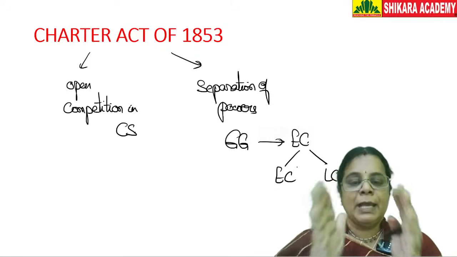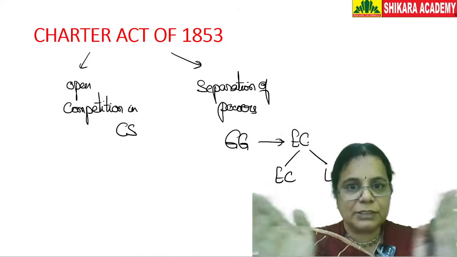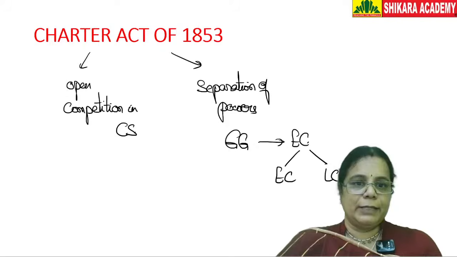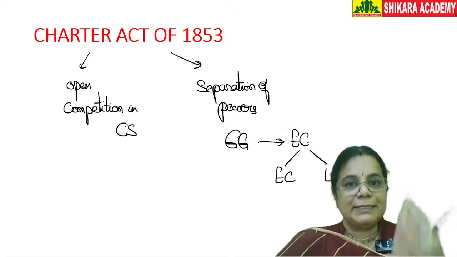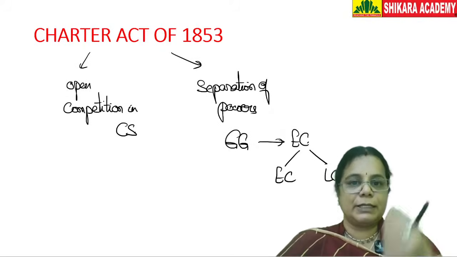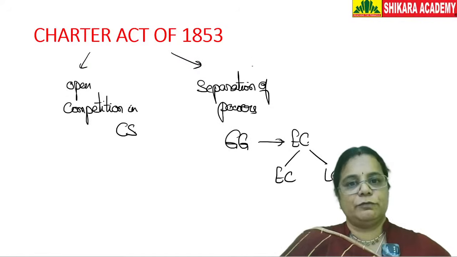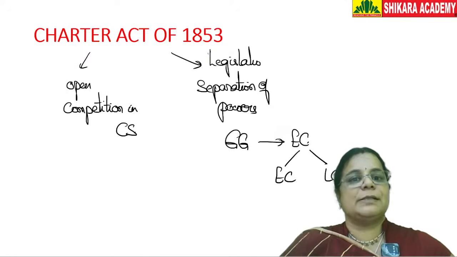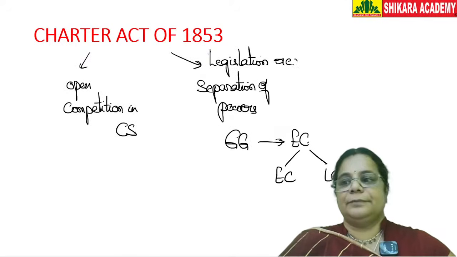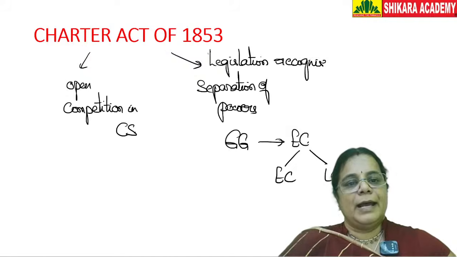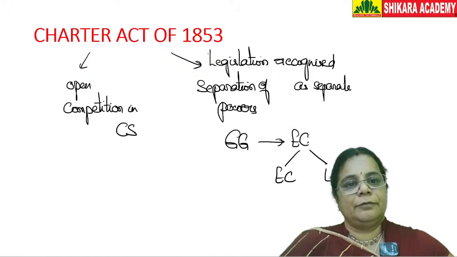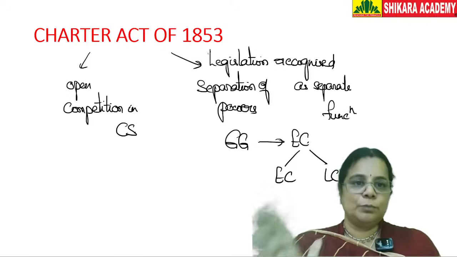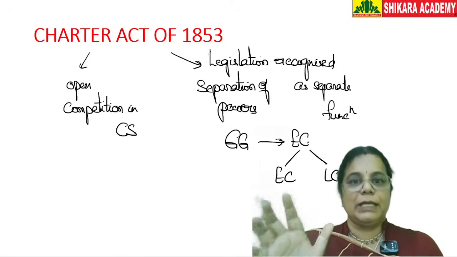So the first time executive functions and legislative functions were separated. Another way of looking at it is, for the first time legislation was recognized as a separate function. So which act recognized legislation or lawmaking as a separate function? Okay, these are the most important legislations that were made during the company rule.